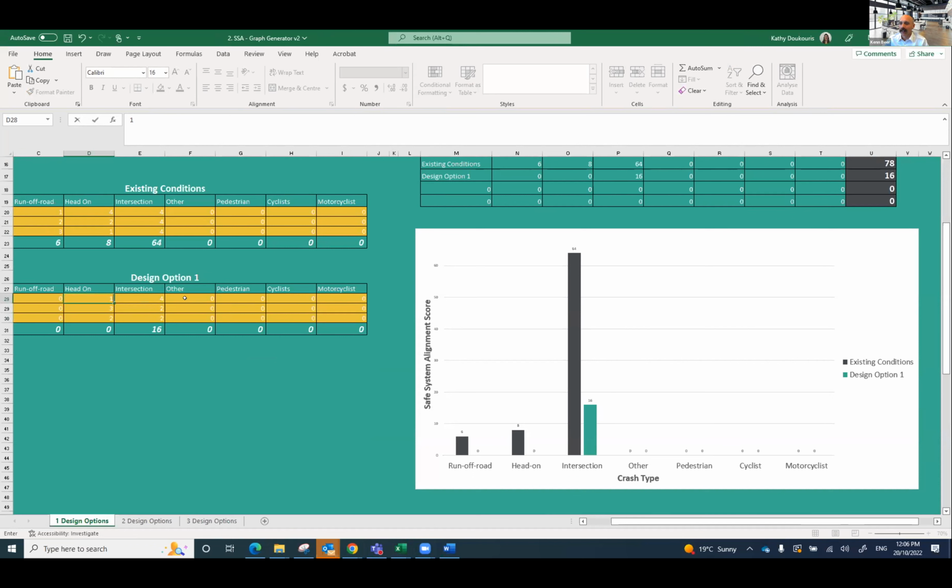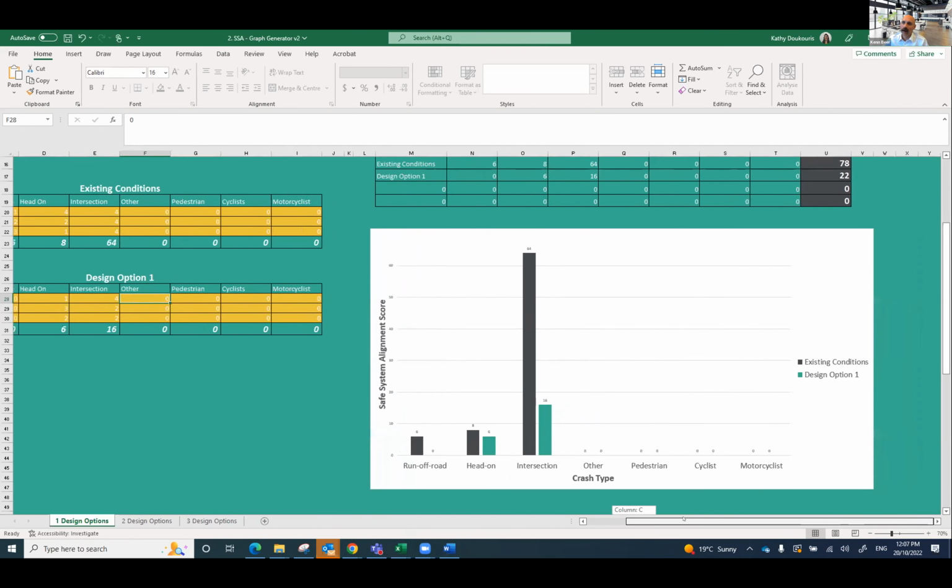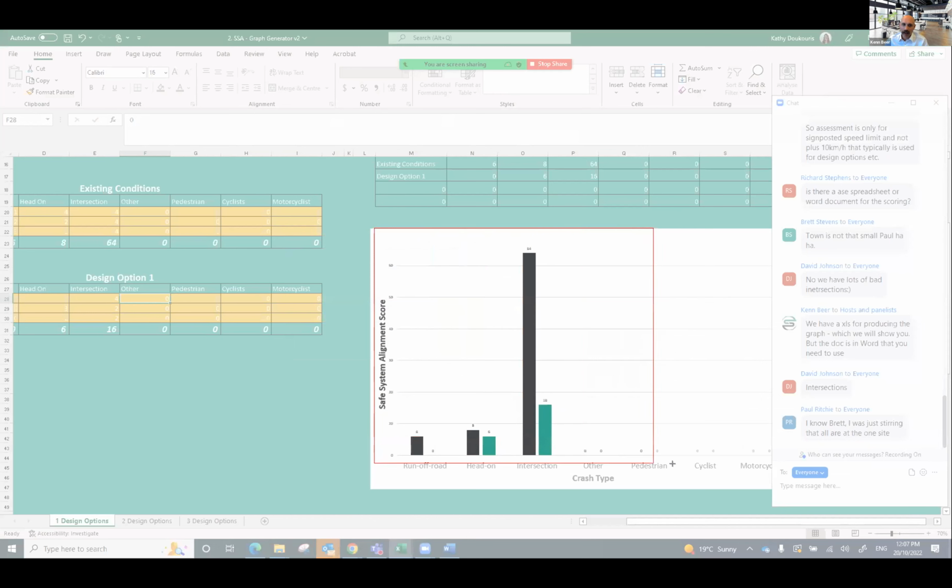What else have we got here? There was another good question in there. So assessing is only for signposted speed limit and not plus 10 kilometers per hour. That's typically used for design option, etc. Well, we should clarify there.